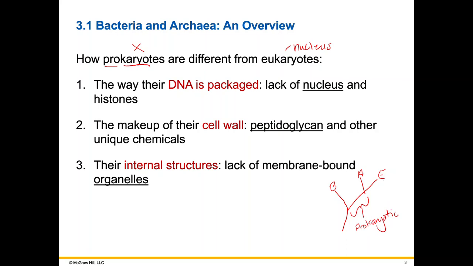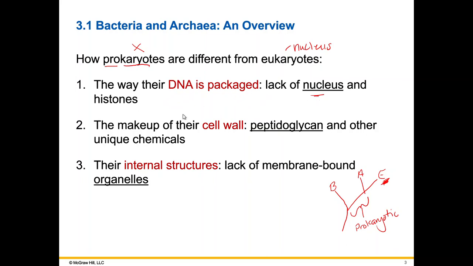Nuclei are only found in organisms that are in domain Eukarya. So, essentially, the difference then is how their DNA is packaged. The eukaryotic organisms that have a nucleus have DNA housed there. So in eukaryotic organisms, DNA is packaged into the nucleus.